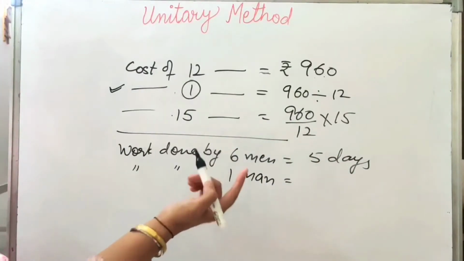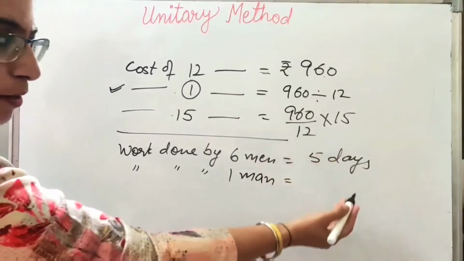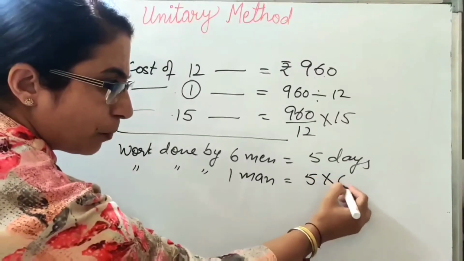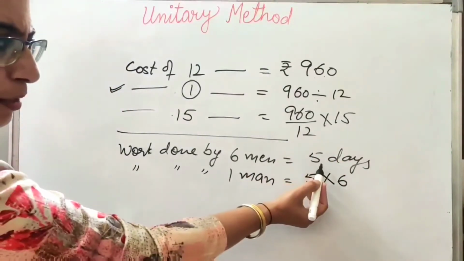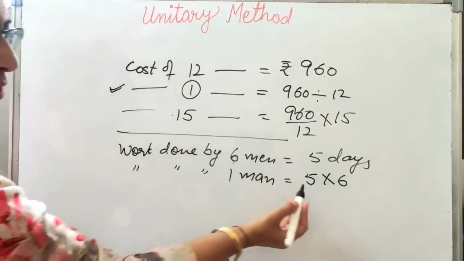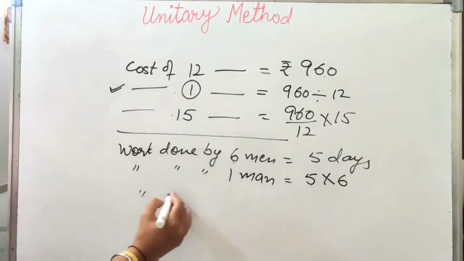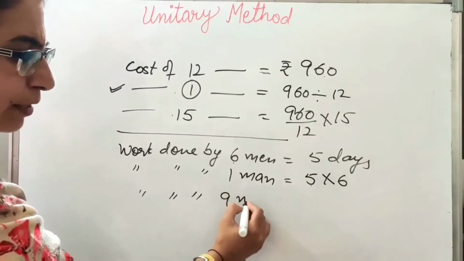One man will take longer, more days, so we multiply. The right number is multiplied by the number from the left side: 5 multiplied by 6. Then, for example, we find how many days 9 men can complete that work.